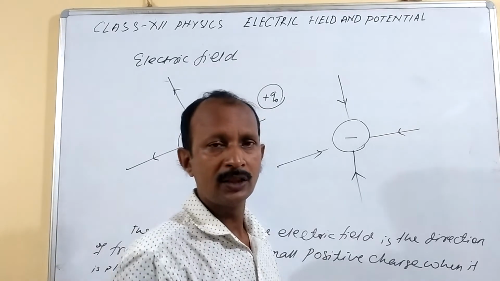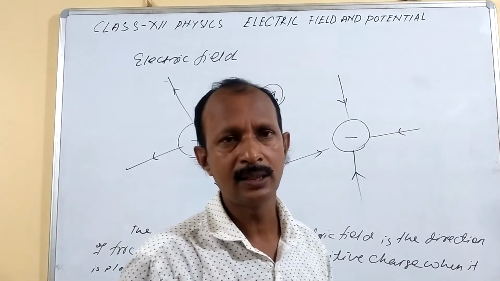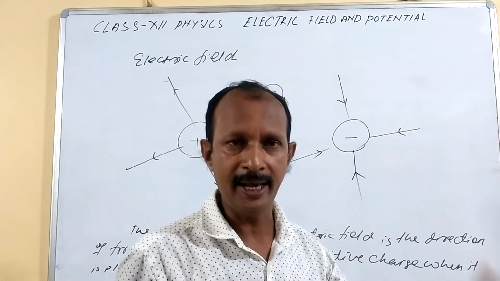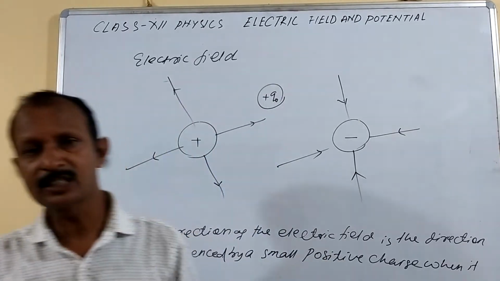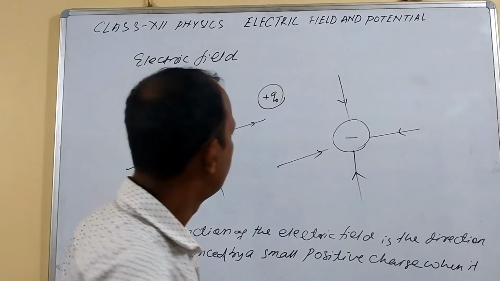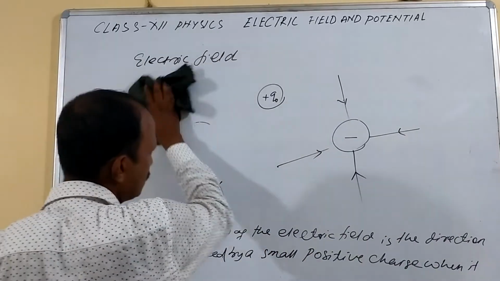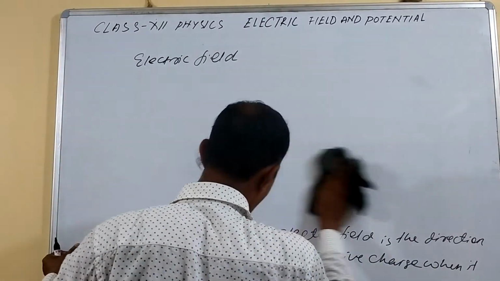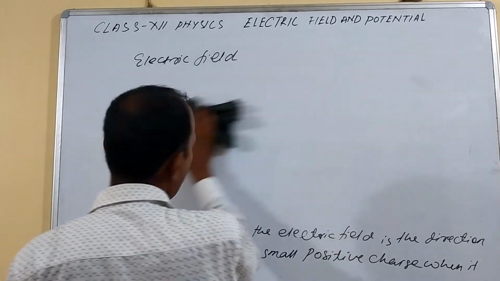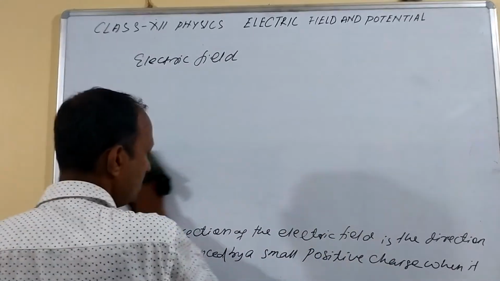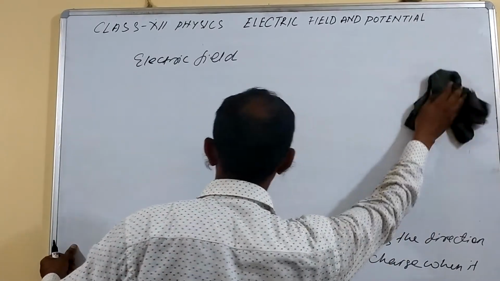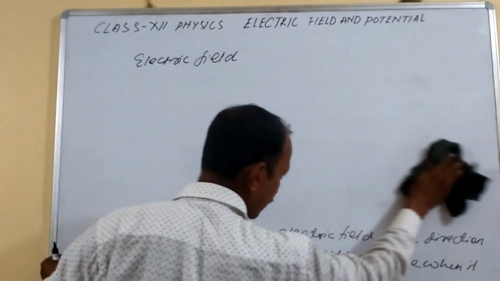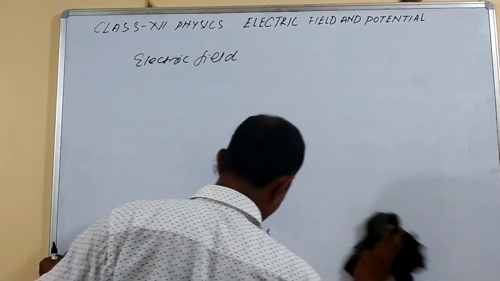That means the electric field has direction, and the direction depends upon the direction of the force experienced by the positive test charge. This charge is very small, no doubt at all. So now I can say that electric field is a vector quantity.